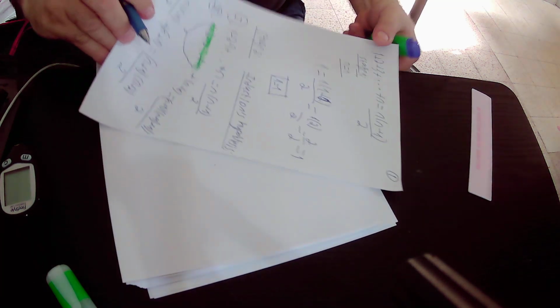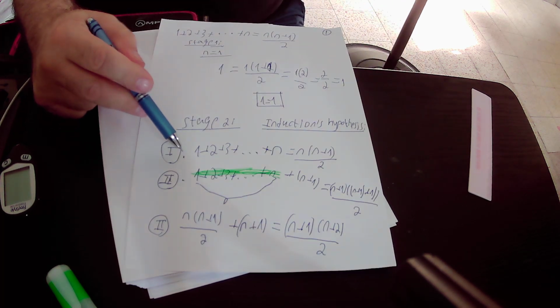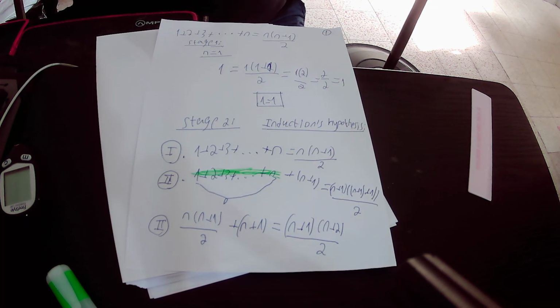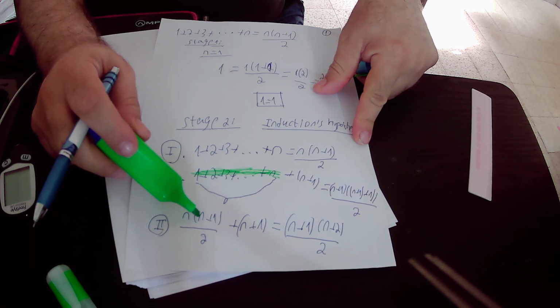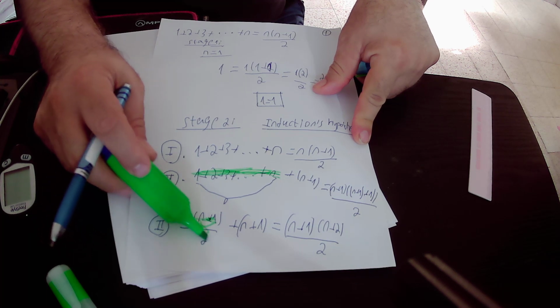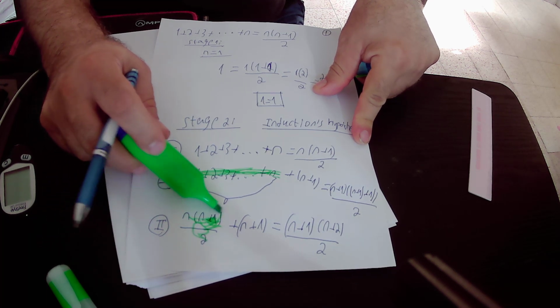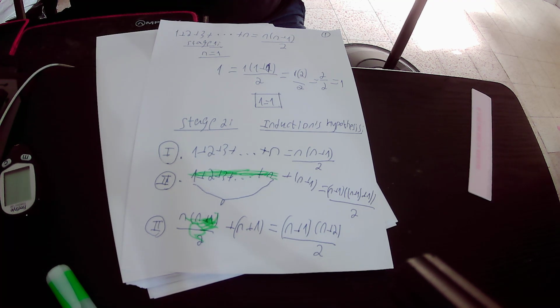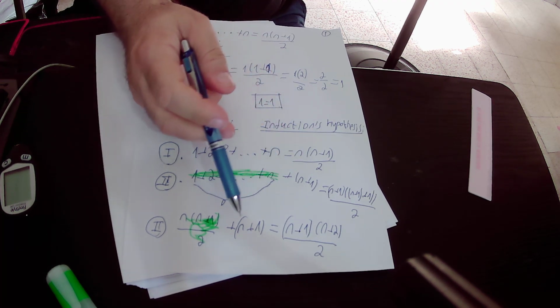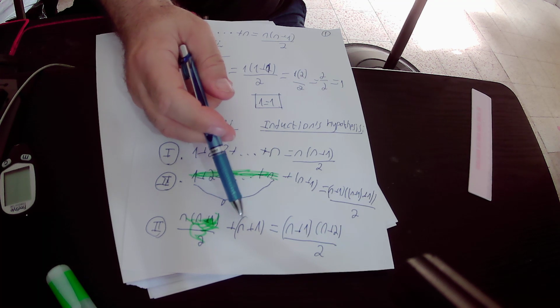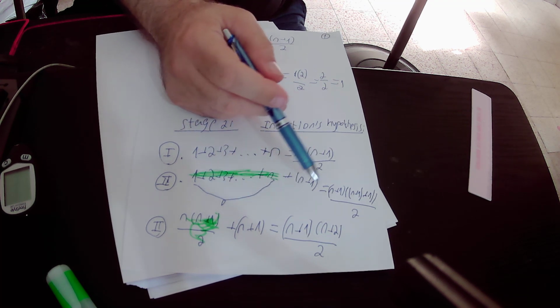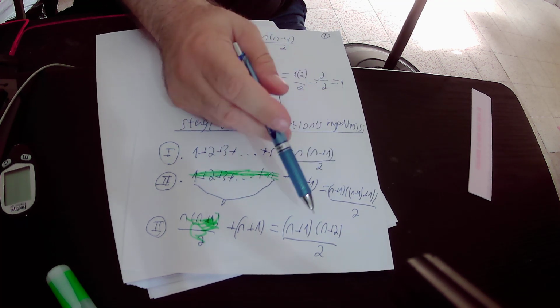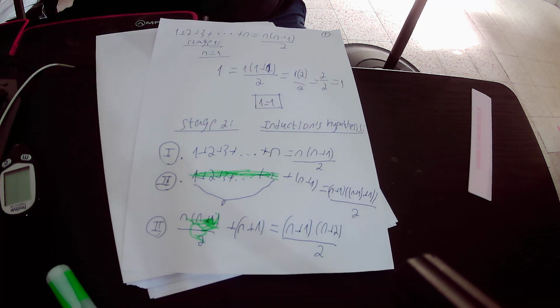So actually we substituted the expression in the green color by this expression, because according to our assumption they are equal to each other. And then here it's written n plus 1, so we copy it here, all equals n plus 1 times n plus 2 divided by 2.